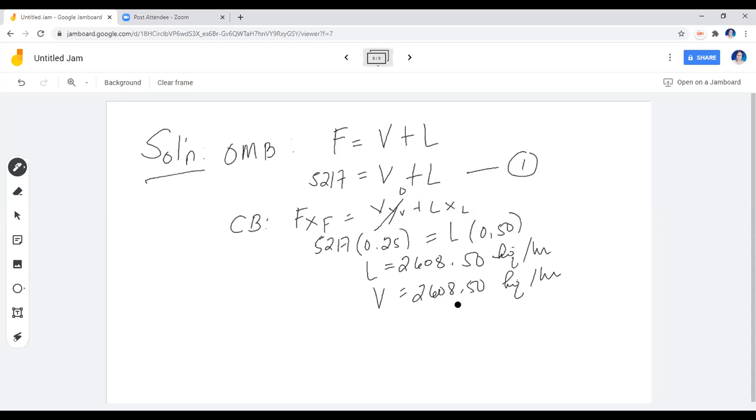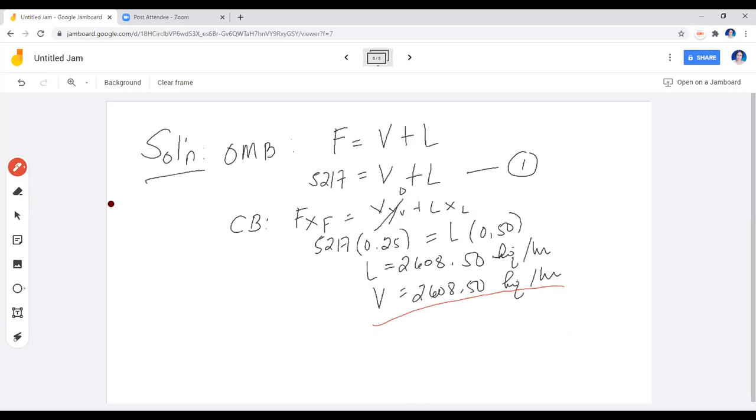Again, we will do the checking. So that's it. So we have 2,608.5 for the thickened liquor, and V for the vaporized water. So we have already answered the V. We need that in our V over S.